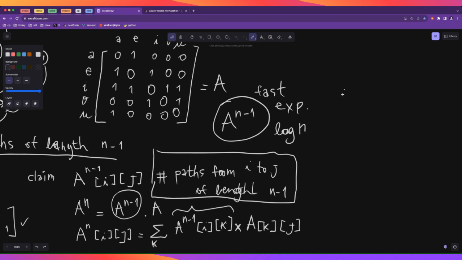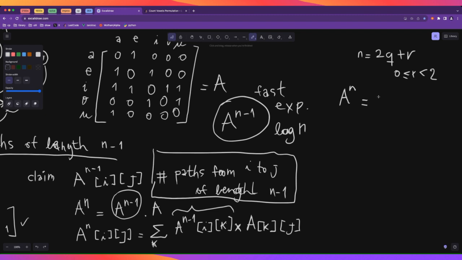So the idea is that if you have a to the n, you can decompose n as 2 to the q plus r, with r being the remainder when divided by 2, which has to be either 0 or 1.